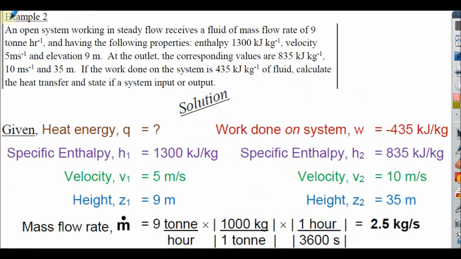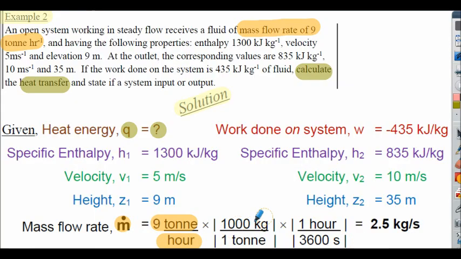And here's the commencement of the solution to example 2. As always, extract the information from the question. The question wants us to calculate the heat transfer. So in this case, our lowercase q is unknown. The question gives us the mass flow rate of 9 tons per hour. So our m dot is 9 tons per hour, which needs to be converted into kilograms per second.